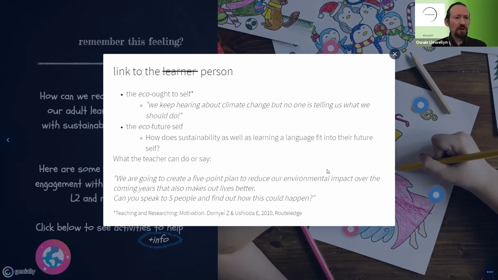Anyway, they might want one of those. That's for them to decide. So a good part of this is goal setting. So maybe the teacher might say, let's make a 5-point plan to reduce our environmental impact over the coming years that makes our lives better. Speak to 5 people, find out how this could happen.